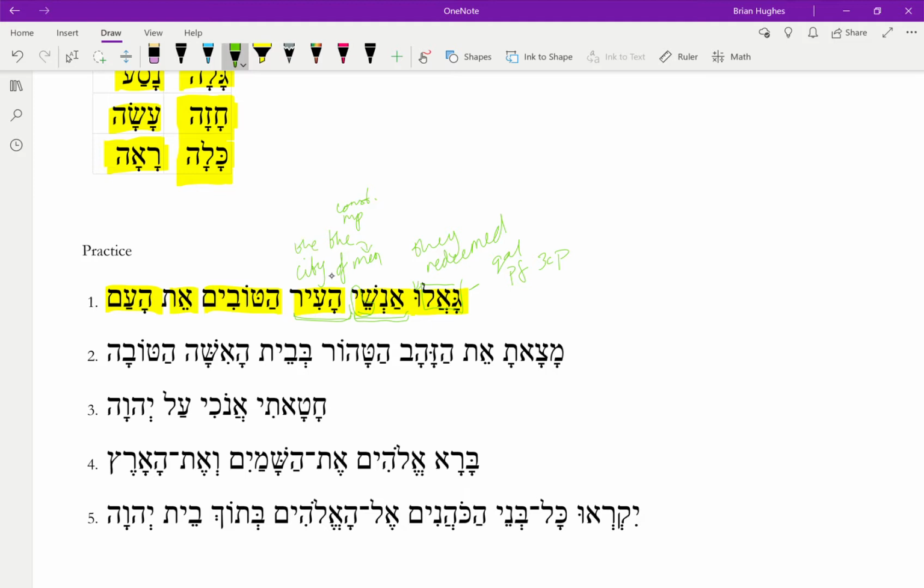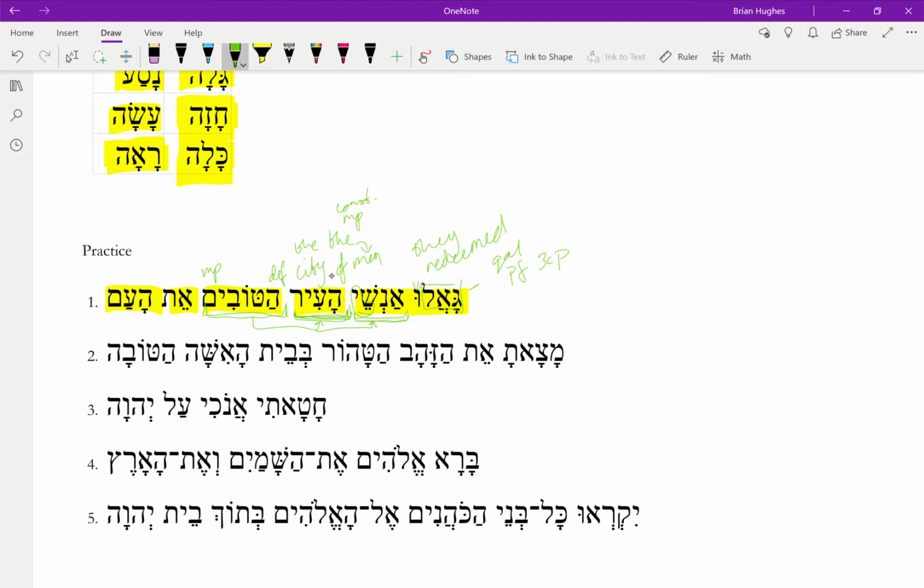And then we have an adjective, hatovim. This is a masculine plural definite adjective, so we look for which of these nouns it is describing attributively, because it's following the nouns. Masculine plural: well, ha'ir is not masculine plural, it's actually feminine singular.